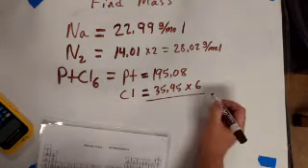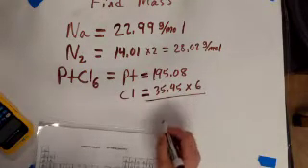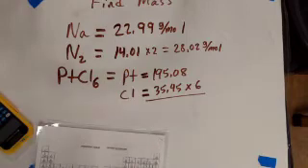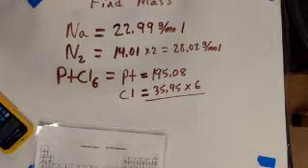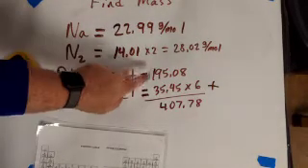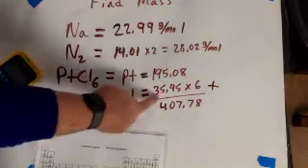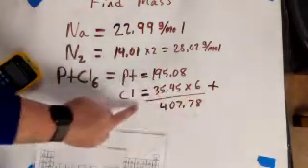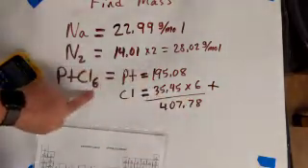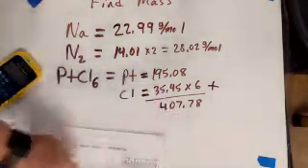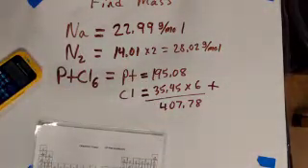So we have to multiply that by 6. And then we're going to add everything together. So click on the keyboard, and we get 407.78 as the molar mass because we had to add everything together.